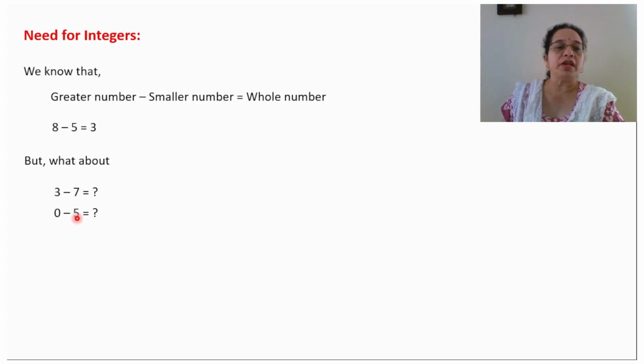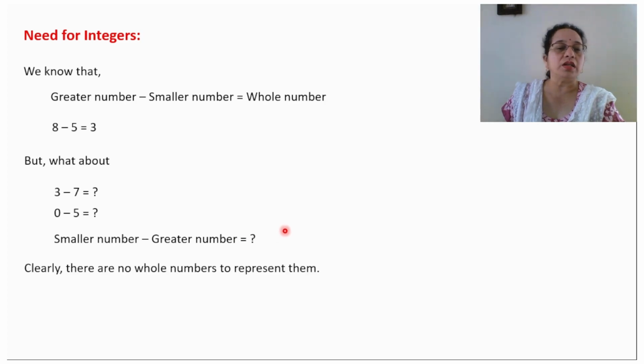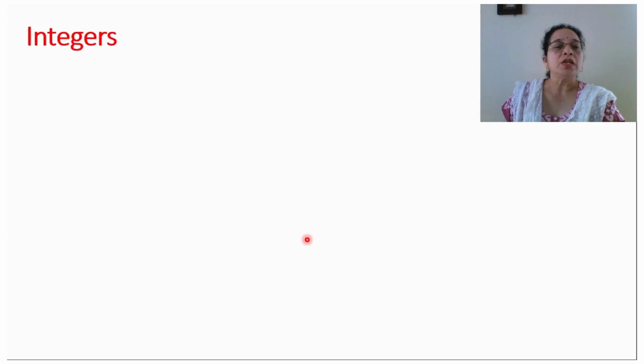Again we cannot subtract a greater number from a smaller number. So a smaller number minus a greater number is still a question mark. How to get the answer? So clearly there are no whole numbers to represent such an answer. So again we need to extend our whole number system so that we get the negative numbers also.